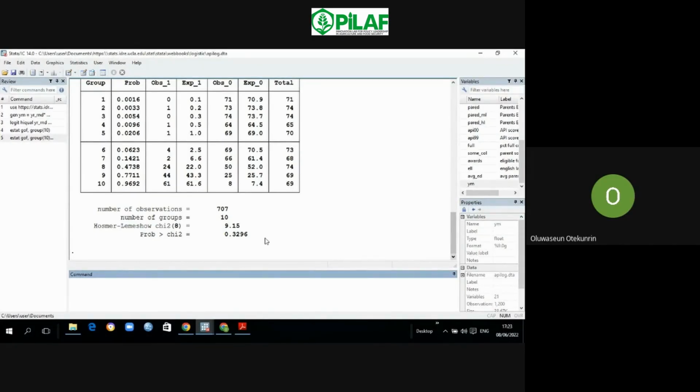Those that are supposed to be placed under 0, have they been correctly placed under 0 based on our model? That is what this classification table will help us to achieve. So after our estimation, we run this test, and then we'll be able to bring out some things that will help us know how we have fared as far as the modeling is concerned. So we have some definitions that can help us in our interpretation. The first one is cutoff.